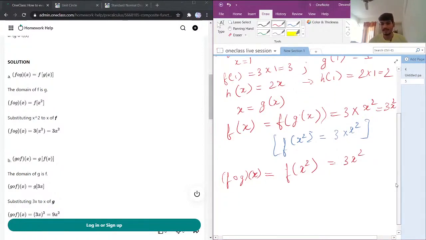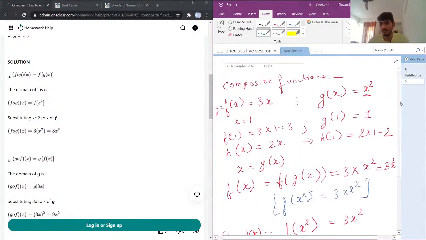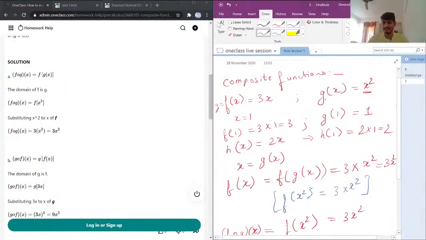In the similar fashion, I can also write this for, let's choose a different color. Let us write with green. Now, as I have written for f of g of x, let's write it for g of f of x. So g of f of x, let's see what our g of x was, x square.